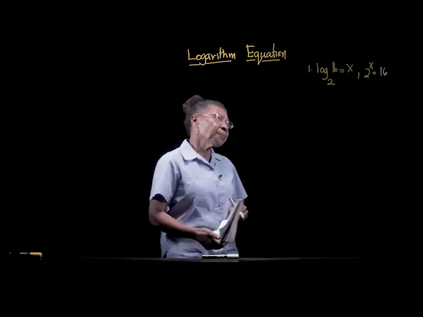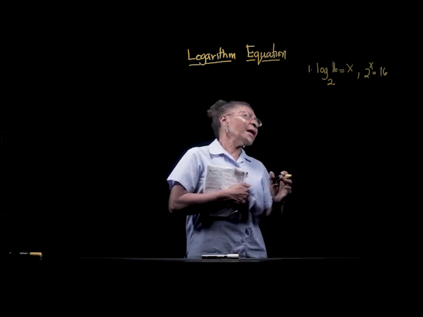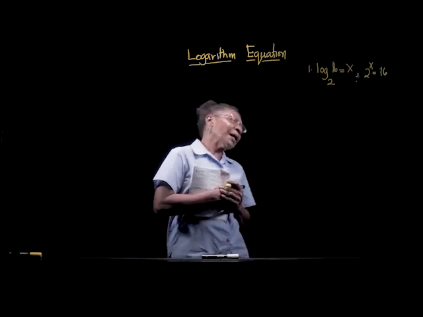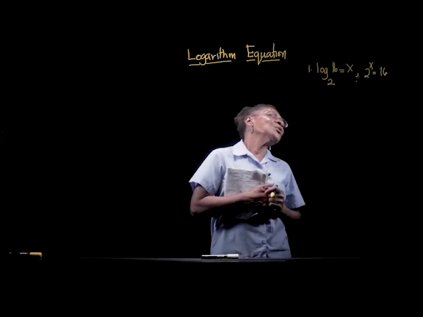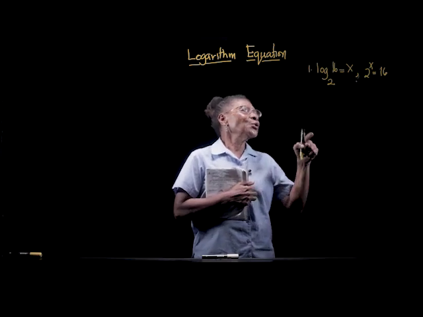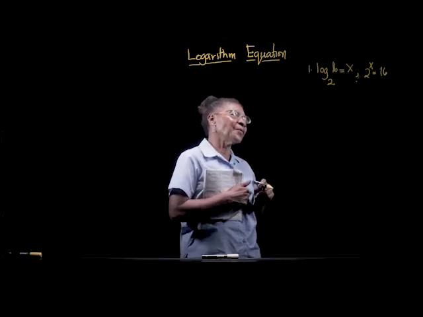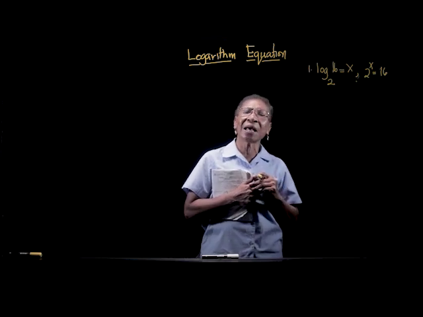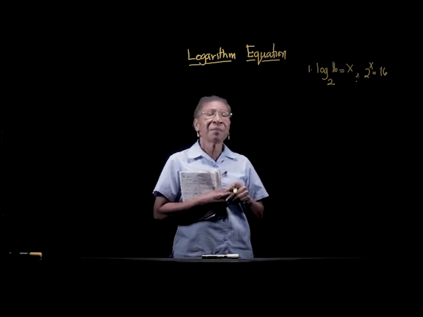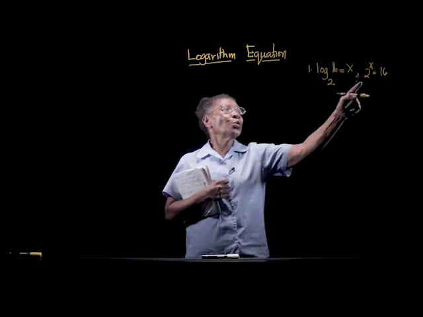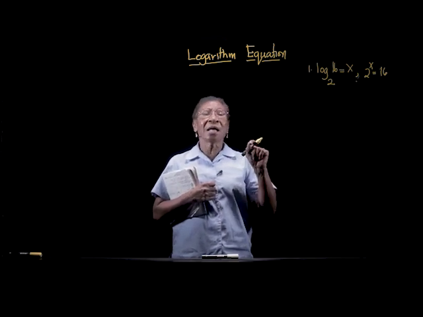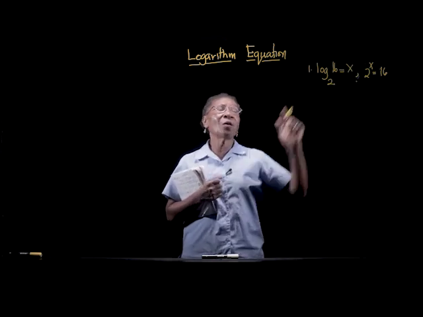I look at 16 and I know that 2 is a factor of 16, and 16 is a multiple of 2. So how many times am I going to multiply 2 by itself in order to give me 16? The number of times determines the value of x.